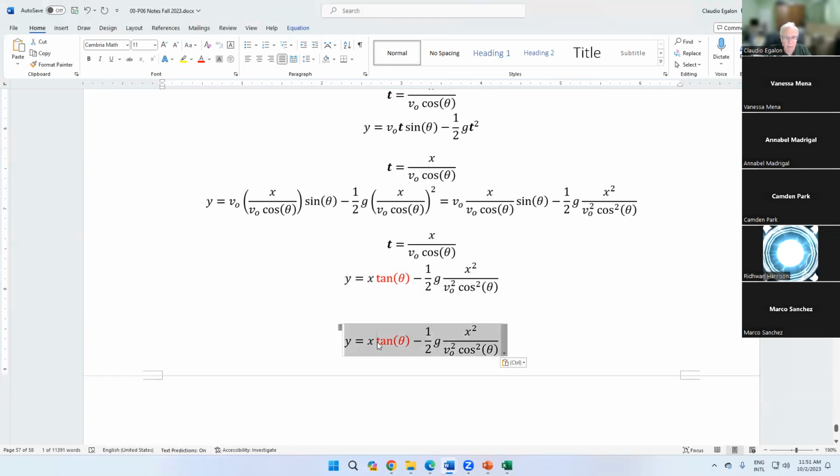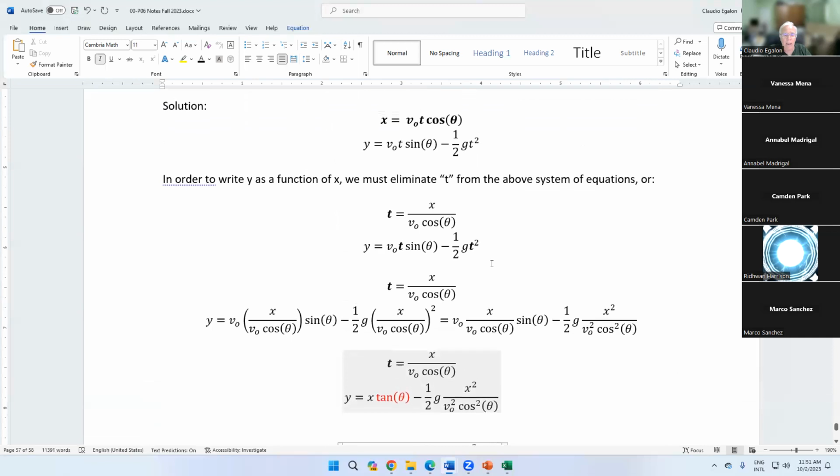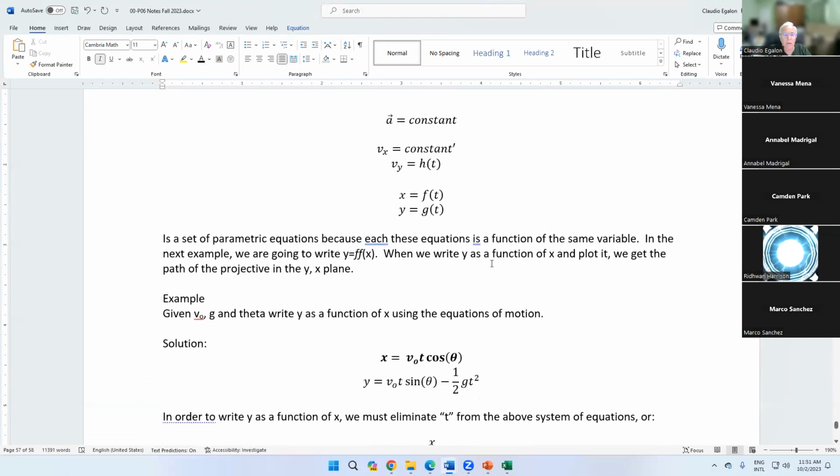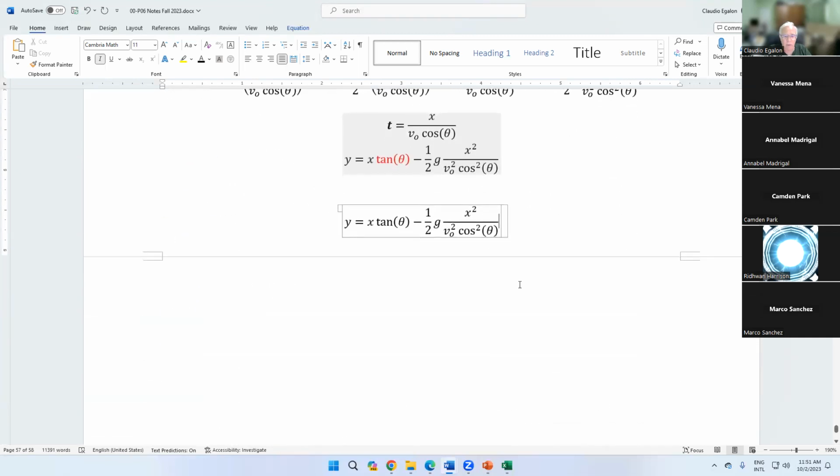Then let me put everything with the same color now. Good. This is what I call my y as a function of x. We have a y, an x here. We have another x here. And I'm going to simplify that even further.